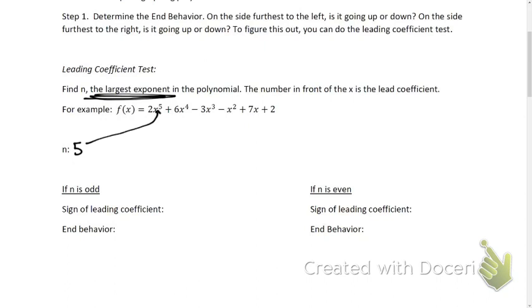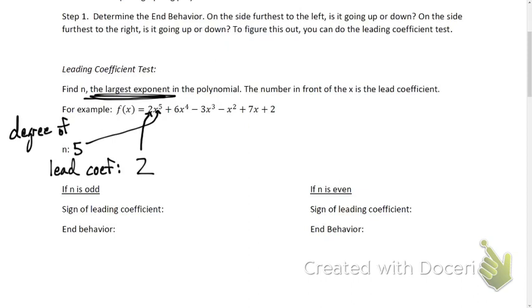And the lead coefficient is 2. So 5 tells you this thing is a degree of 5.